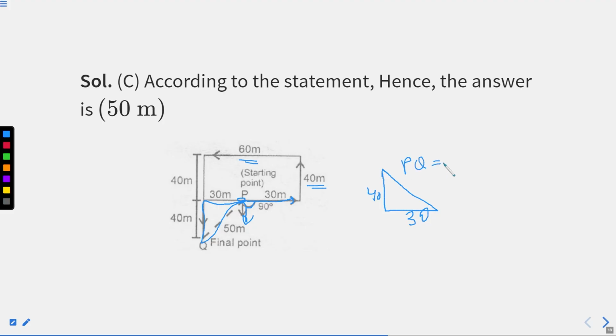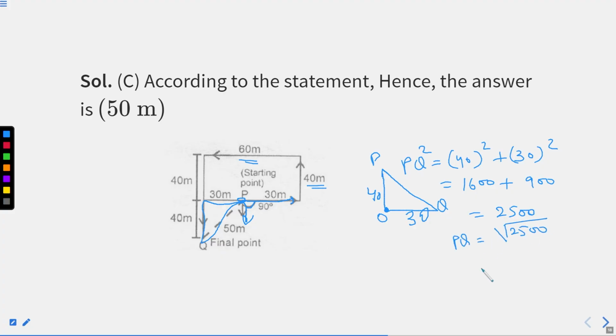PQ squared equals 40 squared plus 30 squared, right? So 1600 plus 900 comes out to be 2500. So this is PQ squared, right? Let this point be O. So in order to find PQ, we take the square root of 2500 and that comes out to be 50, right? I hope you find it, right?